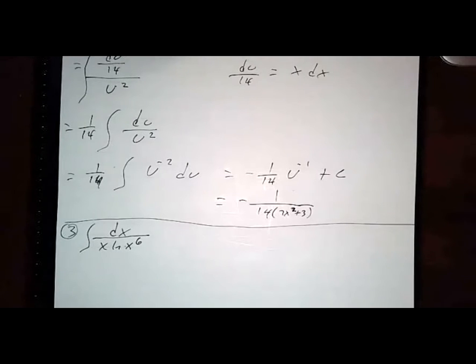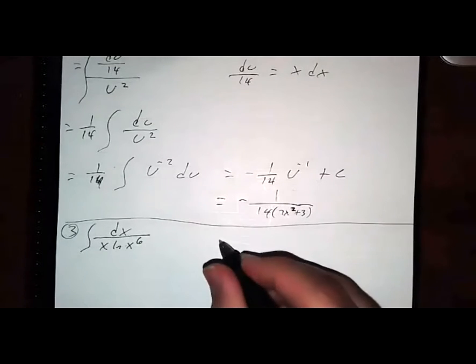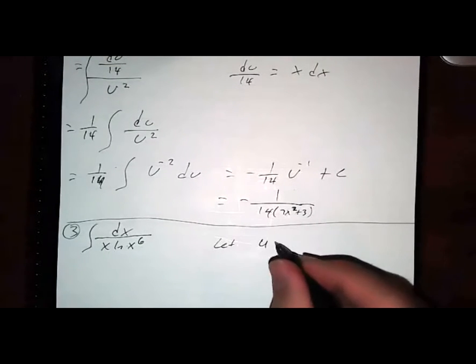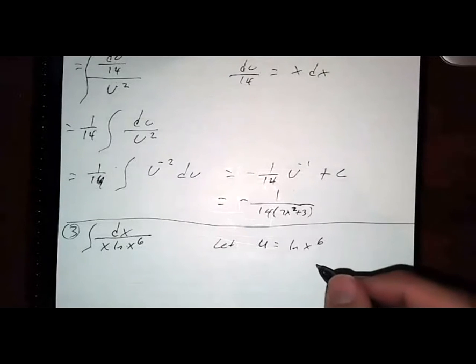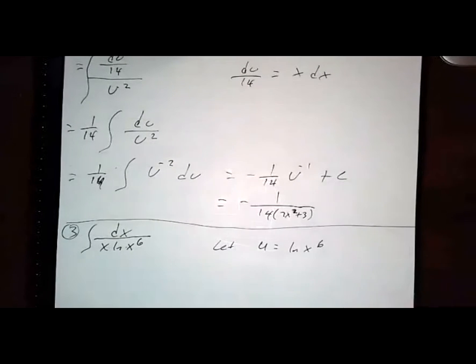Yeah, I think you might be right. Let's see. Let's try to let u equal ln x to the 6. Should it be ln x maybe?